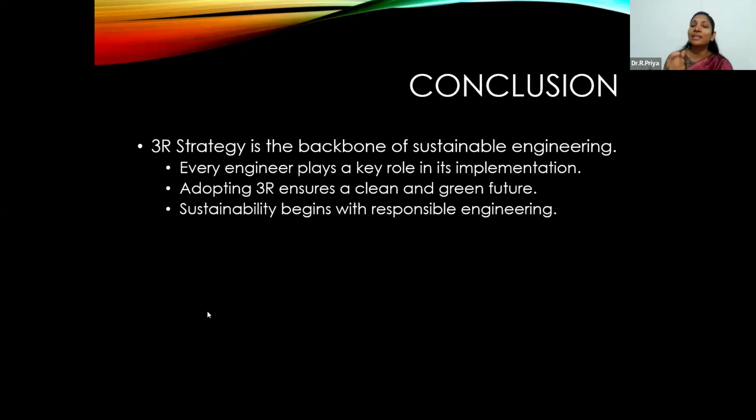We can simply say the factors of production are men, money, machines, material. That is four M's. But now one more M is added. Now the factors of production are five M's, because method is also an M.